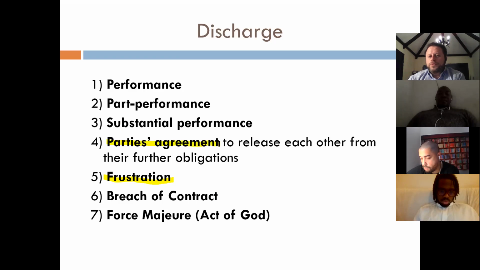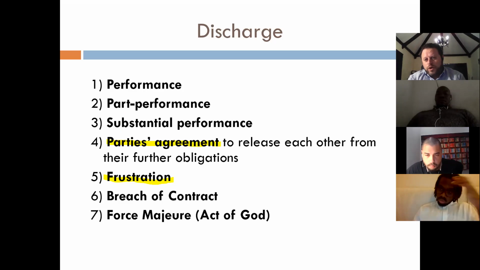Parties' agreement. Let's say that, Jordan, we're good friends and I promise to buy this beer from you and we sign a contract. And I call you and I say, listen, Jordan, I'm really sorry. I just didn't do the work. Would it be okay if we just didn't have this contract? Is it okay, Jordan, if you just say, yeah, it's okay, and we rip up the contract?